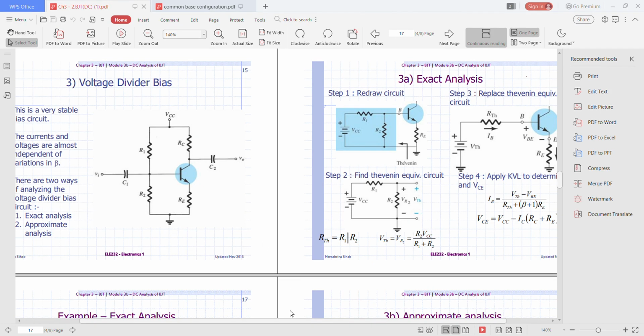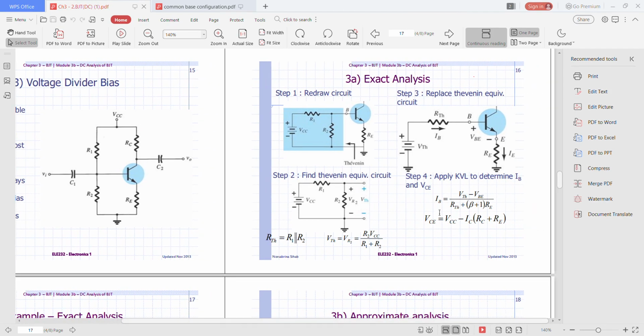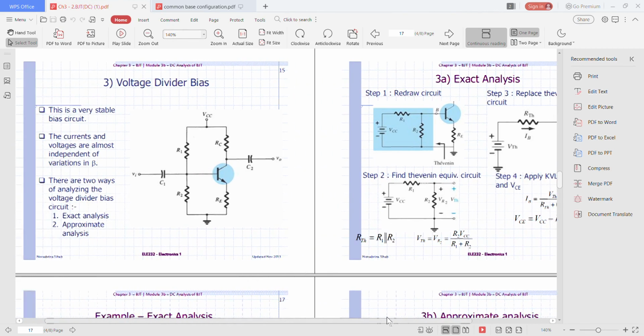From there, remain VCE and move the others to the other side. You will get VCE equals VCC minus IC in bracket RC plus RE. That is the exact analysis.